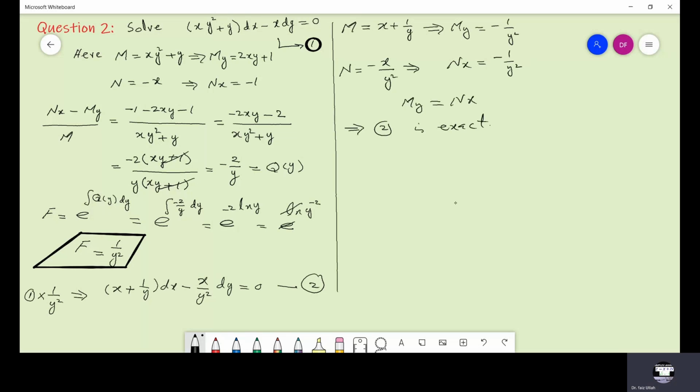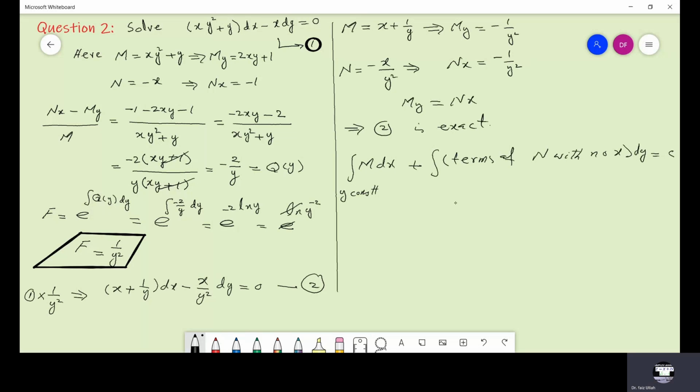So now we can use the formula: integration of m dx keeping y constant, plus integration of only those terms of n with no x, dy, is equal to c.